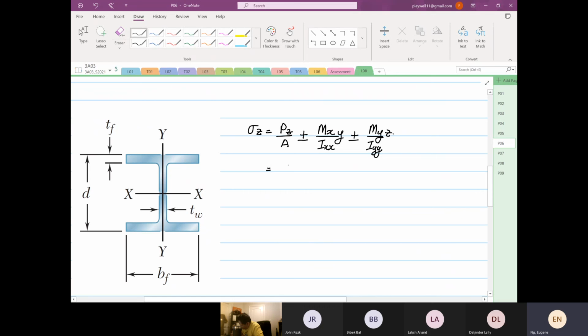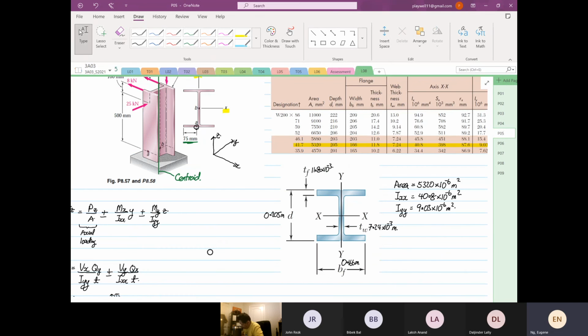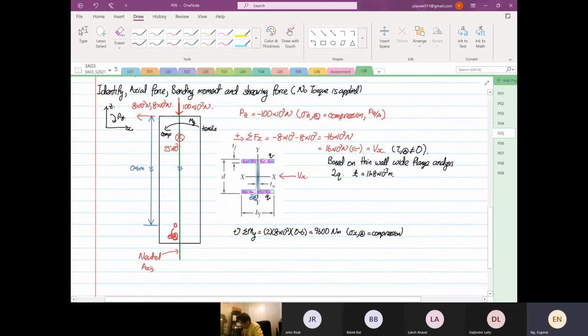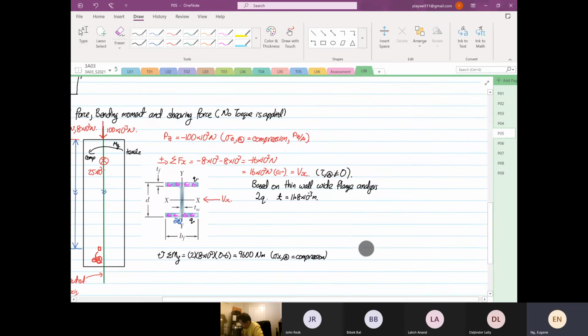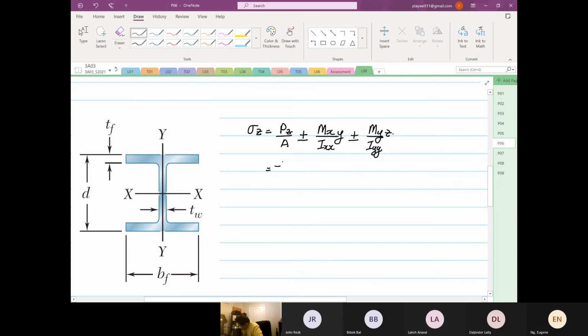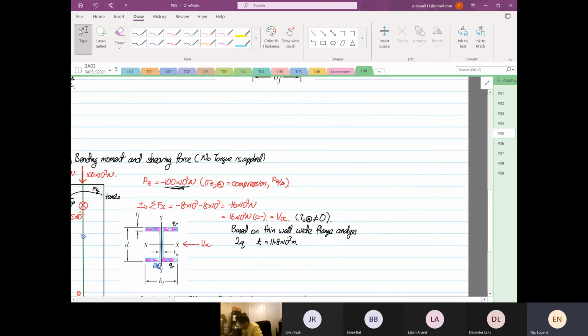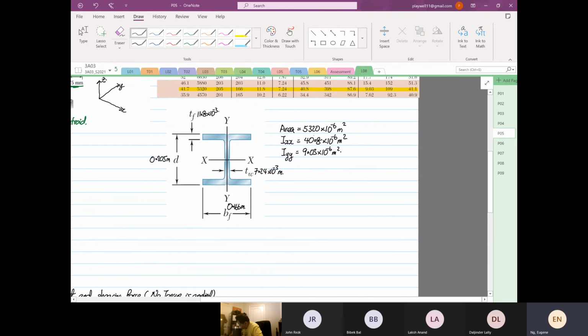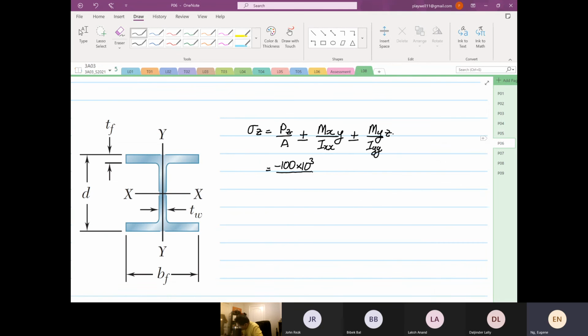So we have our Px. We analyze our stresses and realize that we have our Px, which is equal to minus 100 times 10 to the power 3, divided by the cross-sectional area, which we already found out to be equal to 5320 times 10 to the power minus 6.